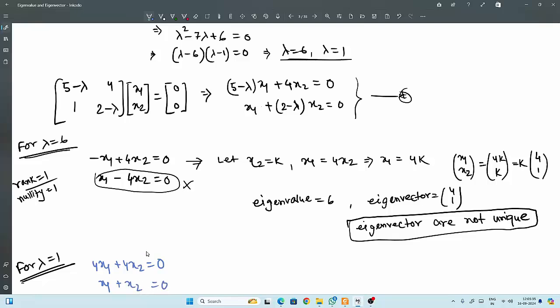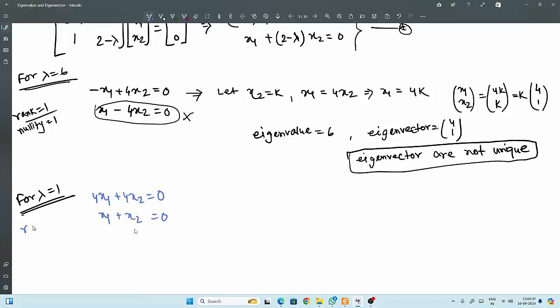Here also, since the rank is 1, one equation is dependent on the other. I am neglecting the first equation because it is 4 times the second, and nullity is also 1, so I can take one variable as k.